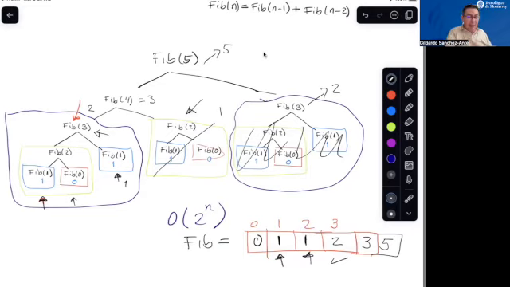So you may have noticed that by doing this, every time I need a value that was already computed, instead of computing it again, I will get it from my table. So I have to pay the memory cost of having this array, which is going to be of size n, no bigger than that.